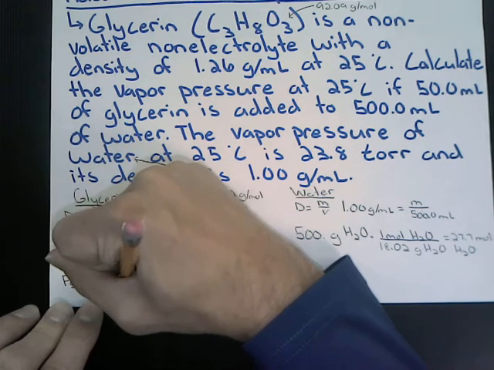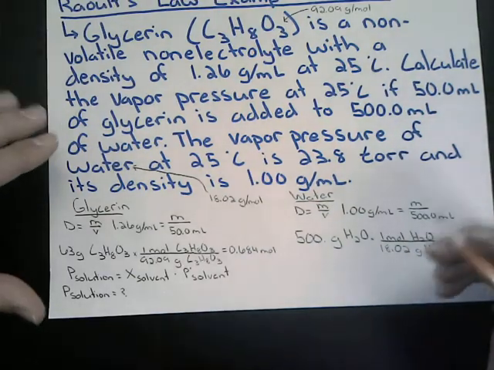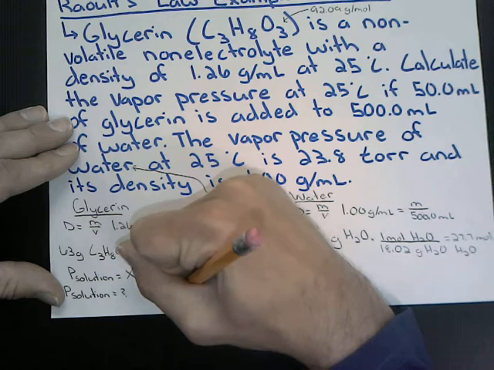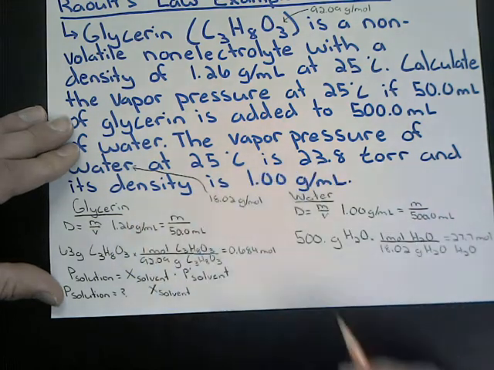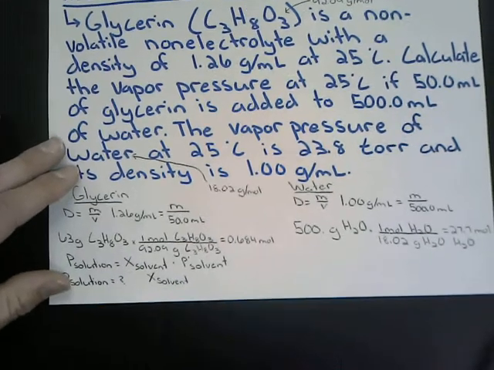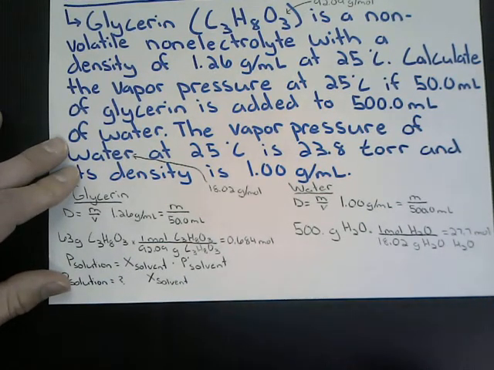So our pressure of the solution is something that we don't know. We're trying to find that. The mole fraction is going to have to be solved for the solvent. Now remember, the solvent is the substance in the greatest amount, so it happens to be water.